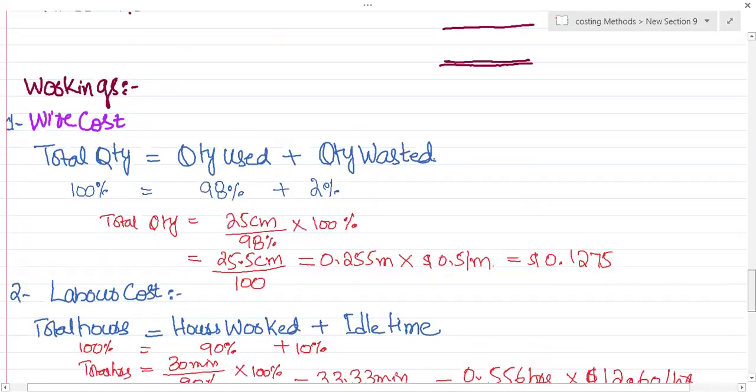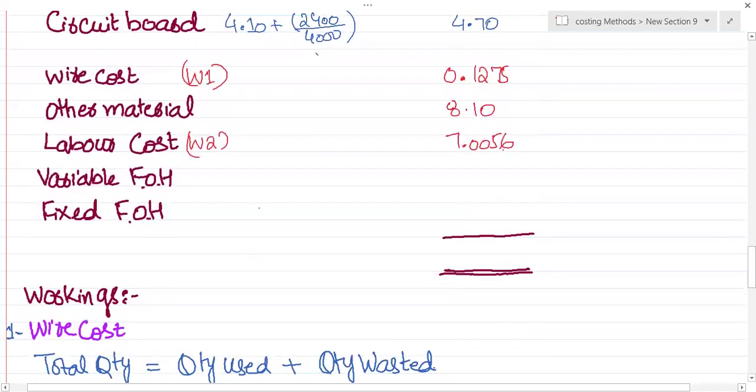Now, I will charge the overheads. Keep in mind, variable and fixed overhead is charged excluding the idle time hours. We will not charge idle time hours in case of overheads. We just paid the labor cost for the idle time, but these are not charged in case of overheads. So when we charge the overheads, your variable absorption rate is 20 multiplied by 30 divided by 60.